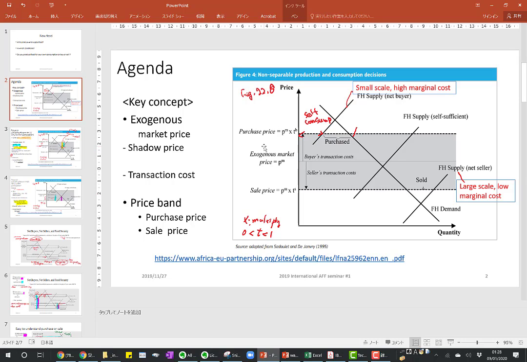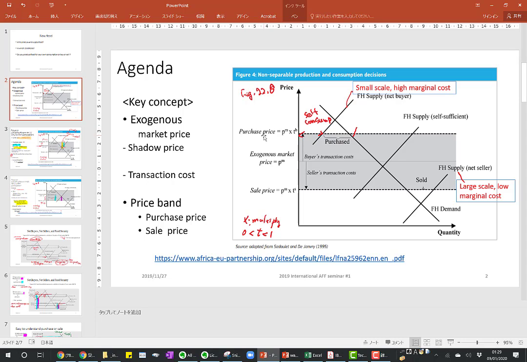Then, as we can see, there is a price bound with an upper bound and a lower bound.